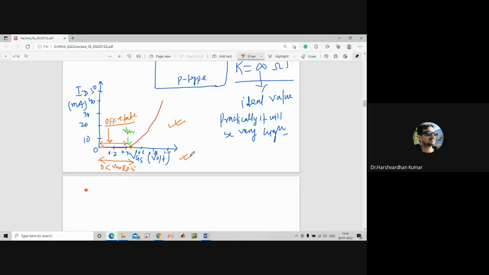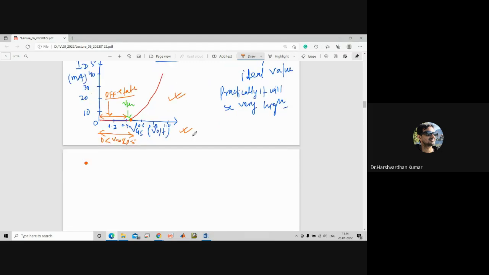As the VGS, that is the gate to source voltage, increases, the threshold voltage is reached where the drain current elevates, right? Whenever the VGS increases, the ID also increases when the VGS is greater than or equal to VTH.